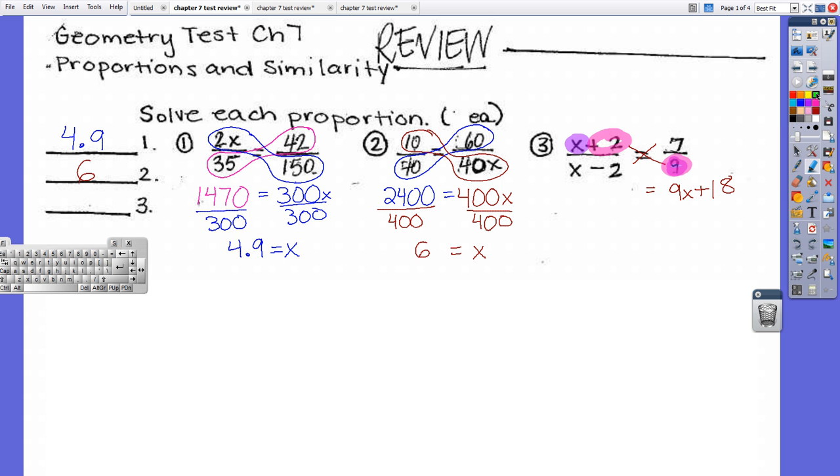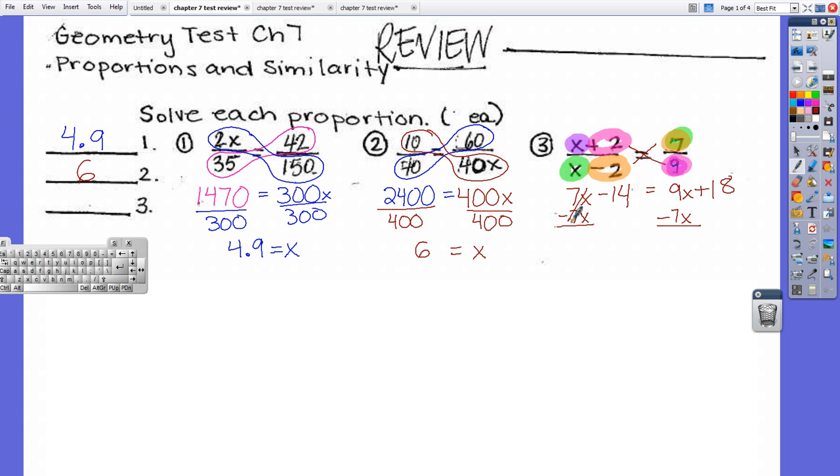I'm going to multiply this 7 times x, which gives me 7x. And I'm going to multiply my 7 times negative 2. That gives me negative 14. And now I have my equation set up to solve algebraically. I'm going to simply subtract 7x from this side, move it over here. That cancels that.